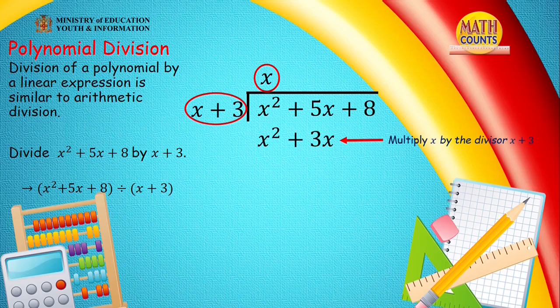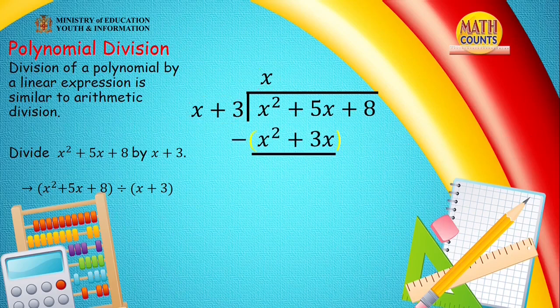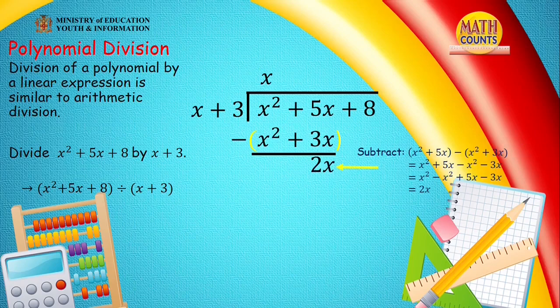Just like arithmetic division, we're going to subtract x squared plus 3x from x squared plus 5x. Now, be careful when you're doing this. I've outlaid the notes here just for those who don't remember. So we're subtracting the expression x squared plus 3x from x squared plus 5x. So look to the right of the screen. Now, in front of the second expression, there's a subtraction sign.